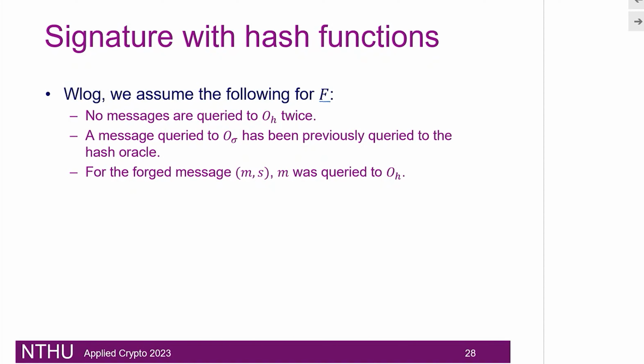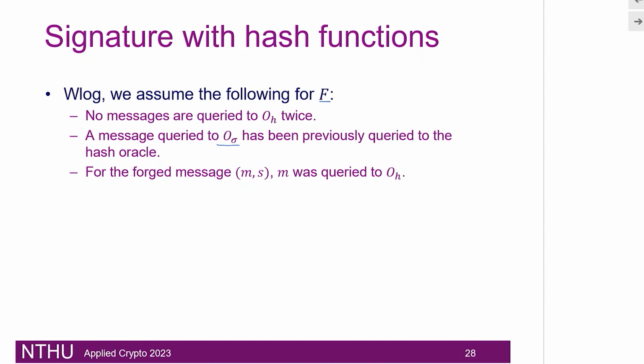Some of them don't really matter, but this one matters: when the forger asks the signature oracle to sign a message for him, then this message should have been queried to the hash oracle before. Because our hash oracle is now returning random values every time you ask for a hash of some message.